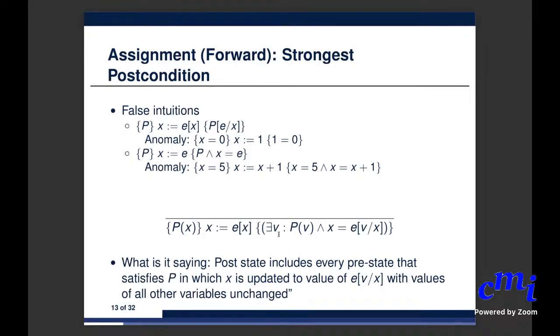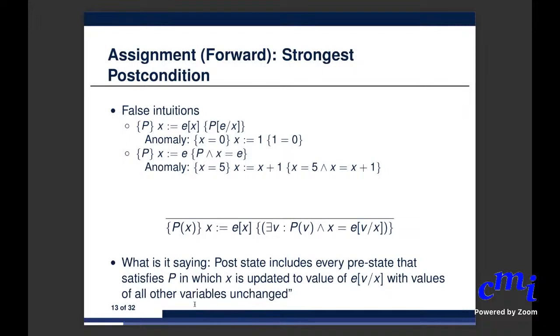So this is the strongest thing that you can state. What is that saying? The post state must include every pre-state that satisfies P in which x and only x is updated to the value that E evaluates to.